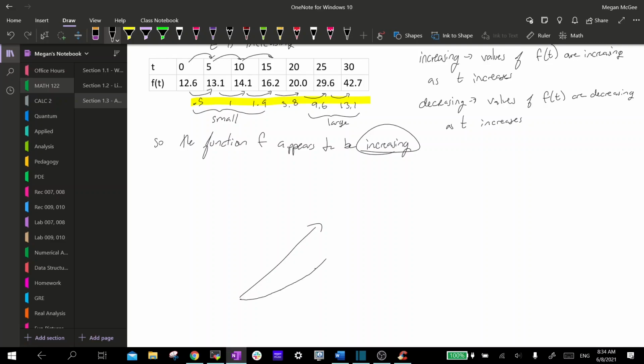But then all of a sudden, we increase by 3, 9, 13. All right. So our graph might look something like this. And so what does this look like? This looks like f is concave up, right? f appears to be concave up.